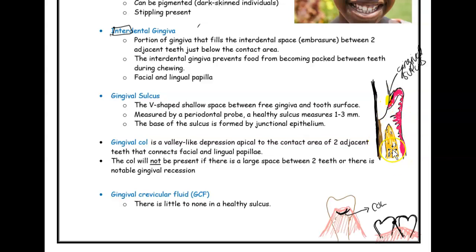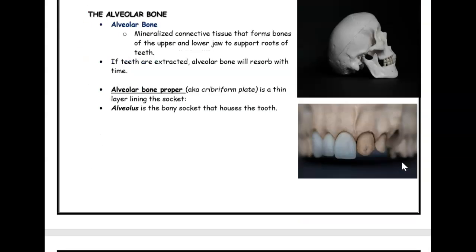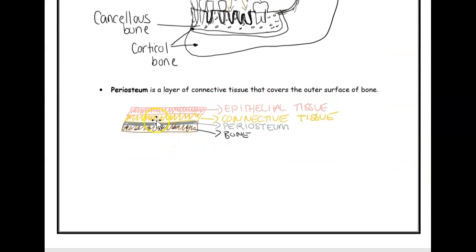And then, yes, we do have the bone, but there is one layer that is just above the bone. So let's look at this picture again. We have your epithelial tissue, that's your gums. Underneath that, we have your connective tissue. And connective tissue is where all your blood supply is, and we'll look at that later on. And then we have a thin layer, maybe not thin, but we have a layer that's called periosteum.